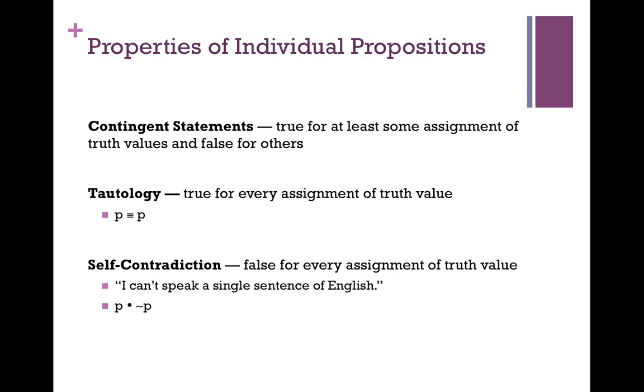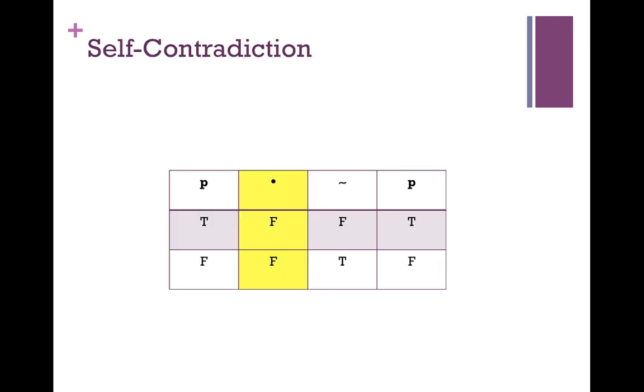And when we talk about this in logic, again, we can express it in terms of truth tables. If every single row is assigned false under the main connective, then that statement is a self-contradiction. So we look at an example like this, P and not P. We could go through the whole rigmarole, but hopefully at this point you get a sense of how this goes.